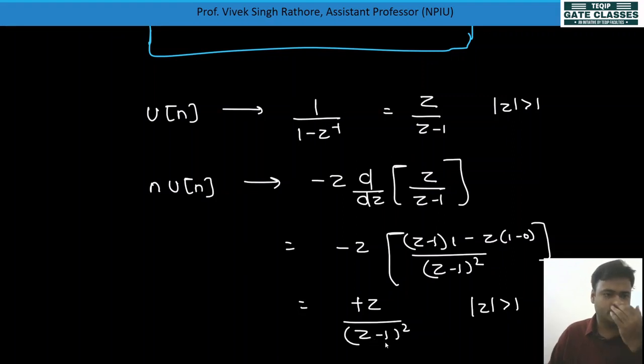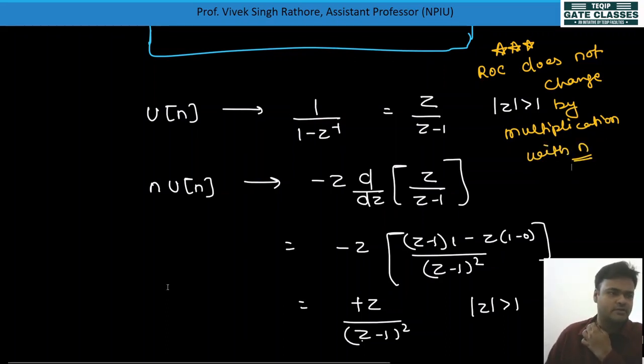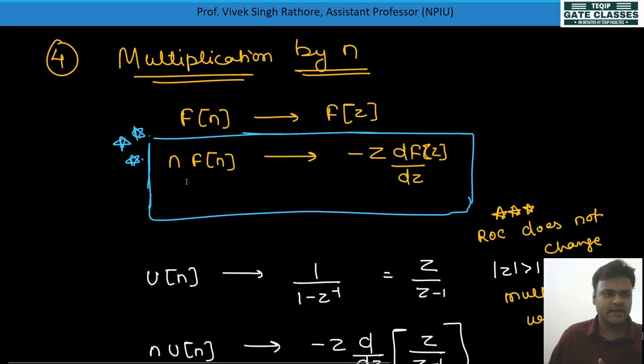So the first conclusion you understood is that ROC does not change by multiplication with n. If we are multiplying n with our signal, the ROC value does not change. First thing we should remember. And second, n into f of n is minus z df by dz.